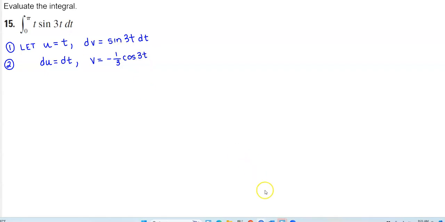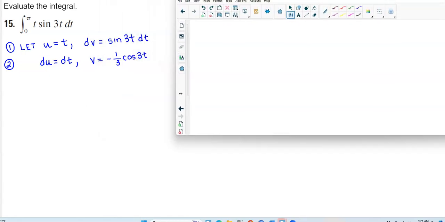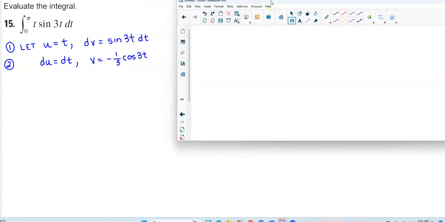Now again, let's review how to do that. If we wanted to take the antiderivative of the sine of 3t dt, we'd let u equal 3t. du is going to equal 3 dt. Divide both sides by 3.